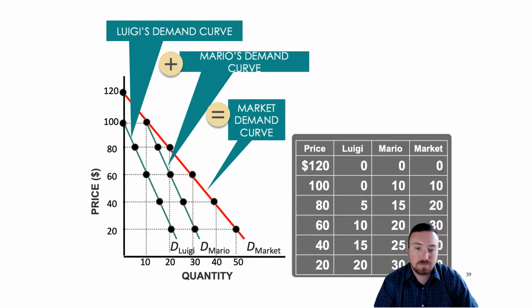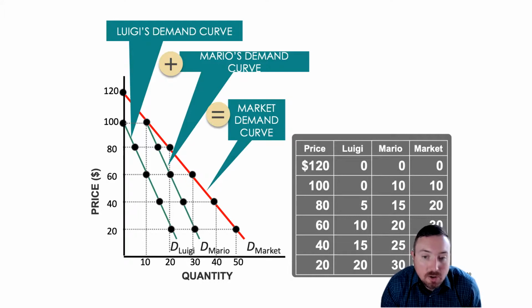So we can add up these different quantities. The way we do this is we just horizontally sum across. At $120, the demand for Luigi and Mario are both zero, so the market demand is zero.